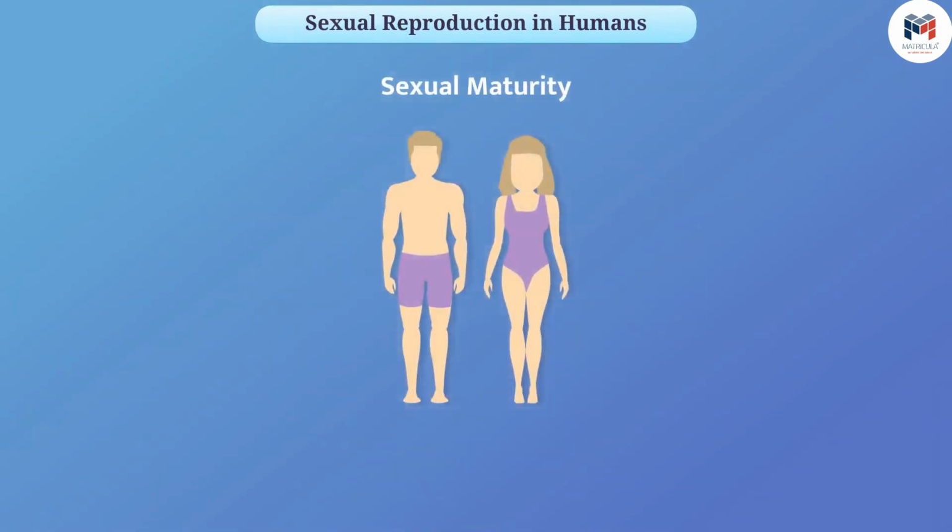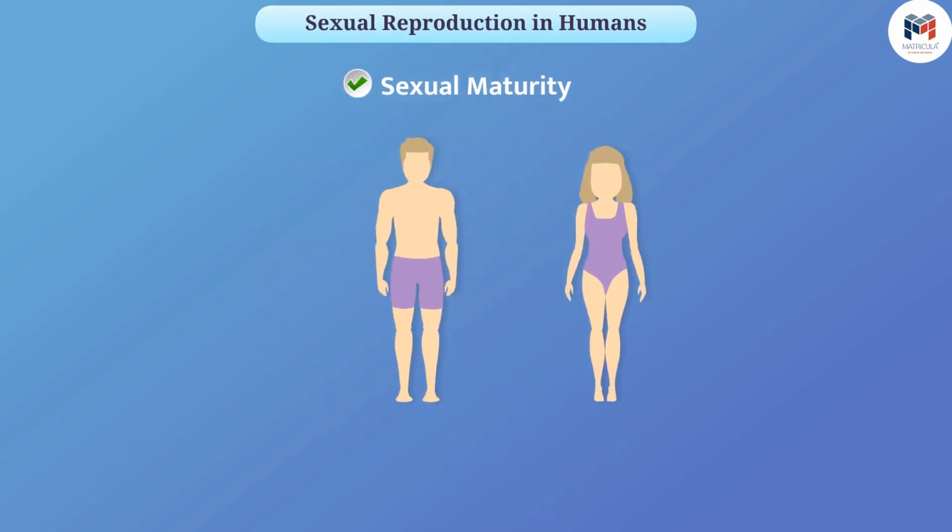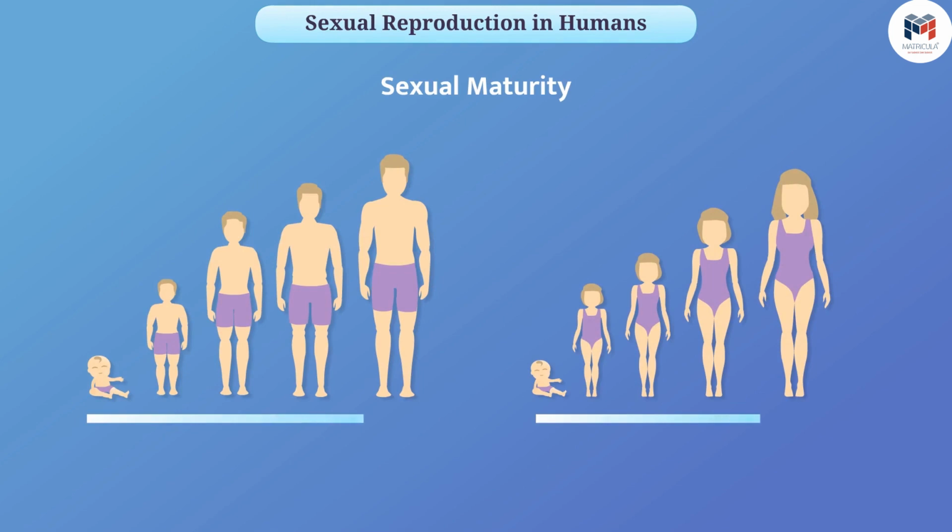Sexual maturity of parents is necessary in sexual reproduction. As a person grows in age, many changes occur in the body, such as increase in length and weight. These are only physical changes.